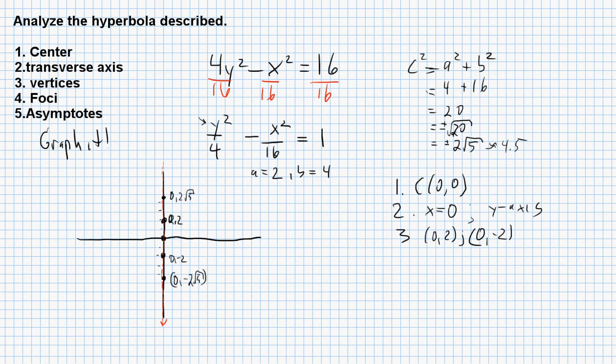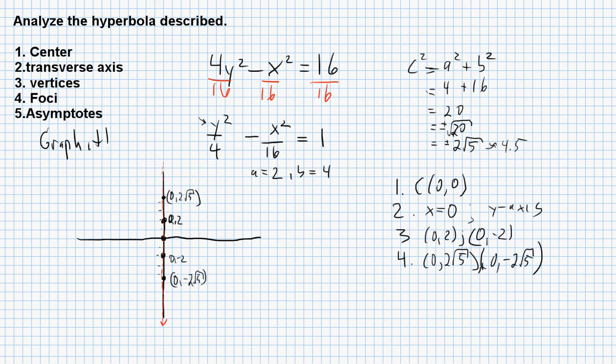Those are the coordinates for the focal points. So I'll put these over here for number 4 in our results: 0, 2 rad 5, and 0, negative 2 rad 5. Okay, so we're almost done.